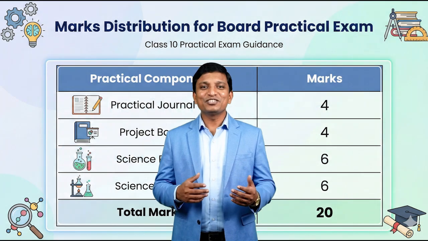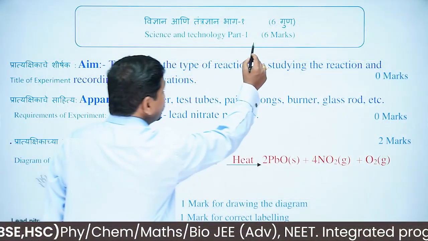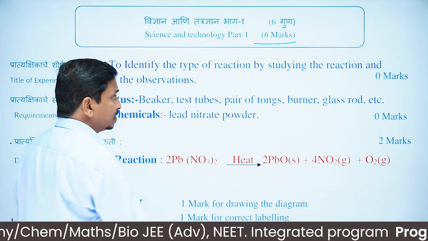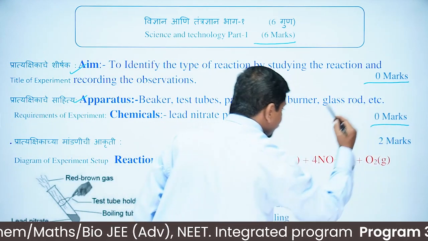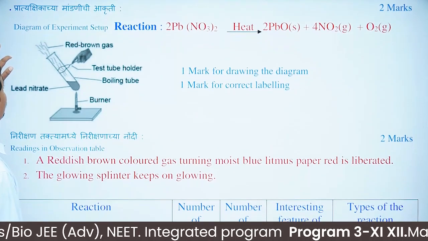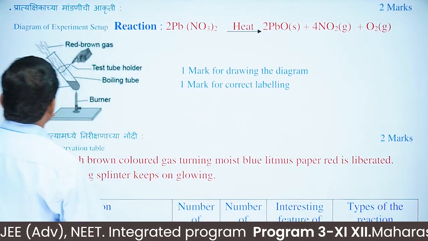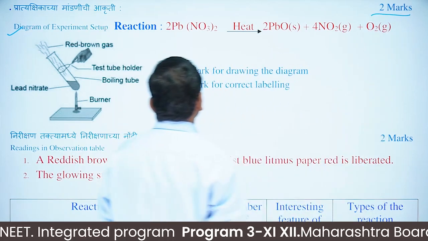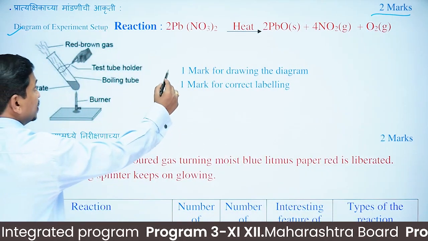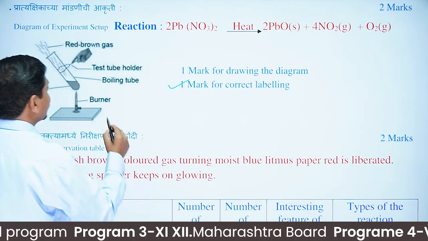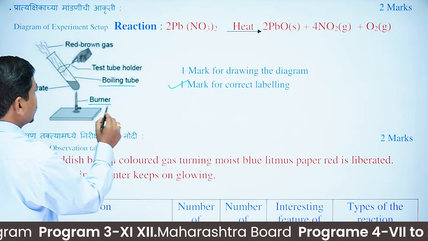Actual marks distribution for board practical exam. For this experiment, you will get 6 marks. For aim and apparatus, you will get 0 marks. For diagram, you will get 2 marks. 1 mark for drawing the diagram technically correct, 1 mark for correct labeling, for labeling any 2 apparatus correctly.